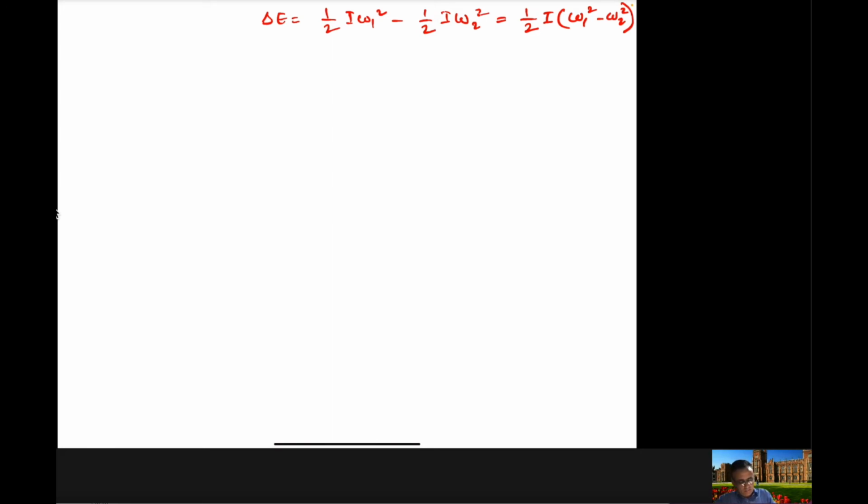Now we can simplify this equation a little bit more. So we will write delta E equal to half I, omega 1 plus omega 2, and then omega 1 minus omega 2. Or we can write this in this form: I times omega 1 plus omega 2 divided by 2, and then omega 1 minus omega 2.